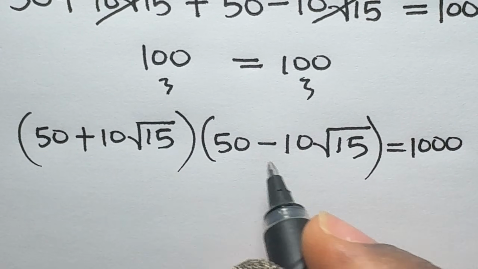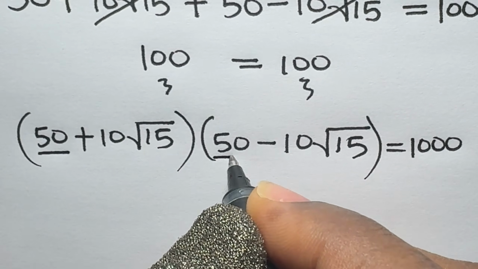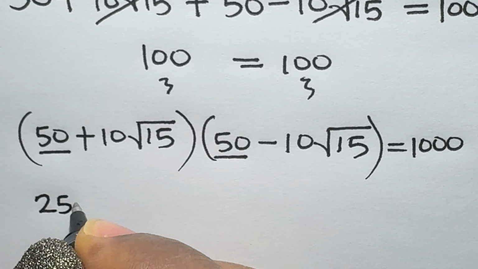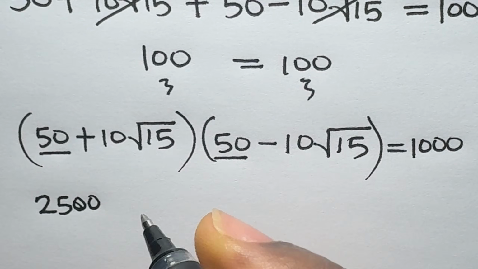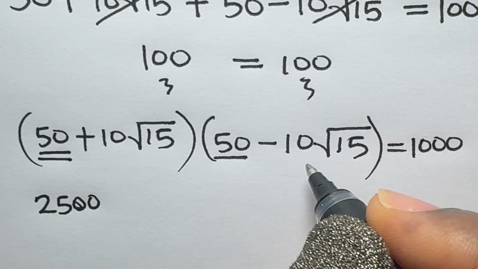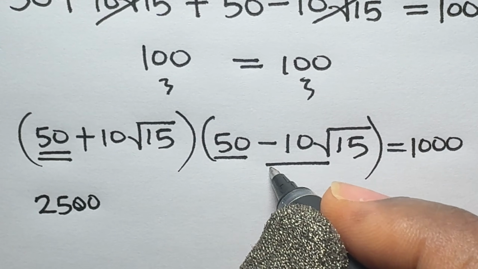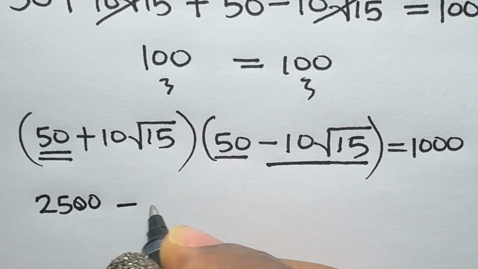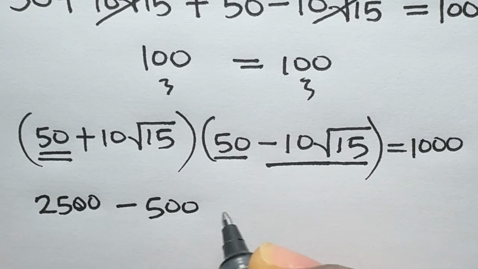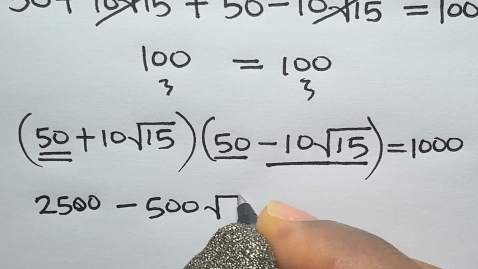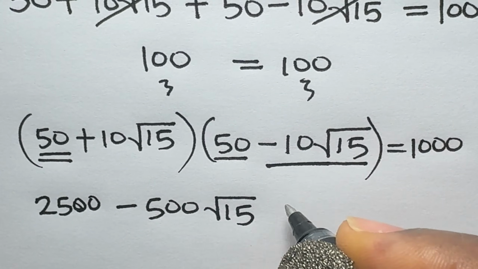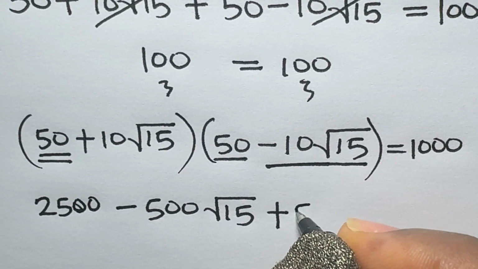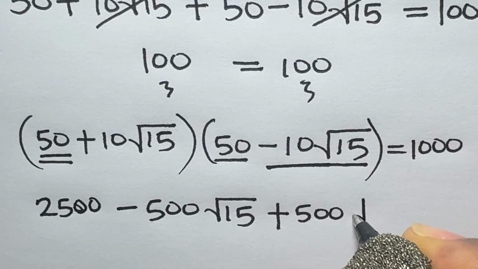Let us multiply out this bracket. 50 times 50 here will give us 2500, and 50 times negative 10 root 15 will give us negative 500 root 15. Then we have plus 500 root 15.